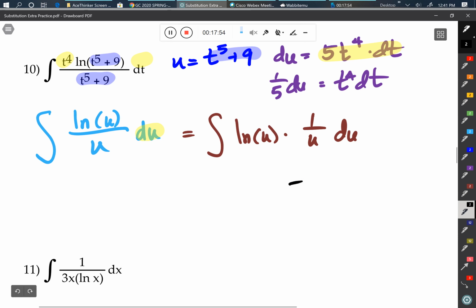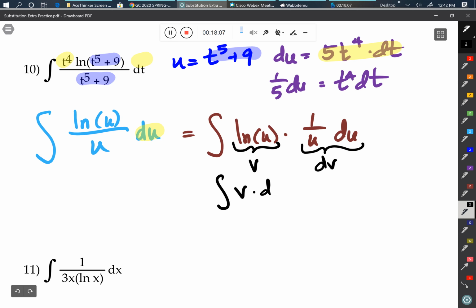I have something, v, multiplied by its derivative, dv. So I am taking the integral of v dv, and the integral of v dv is 1/2 v squared plus c.